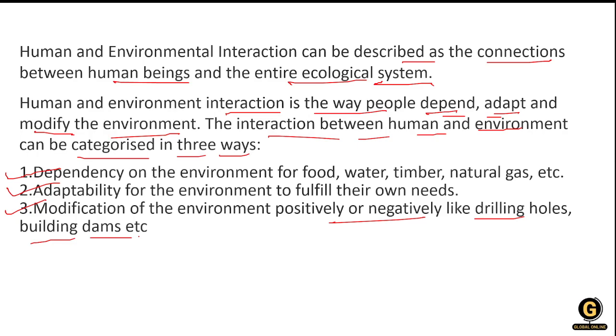In that process we are harming the environment, making a negative impact. That is called human and environmental interaction. Positive or negative, whatever it is, whether improving the environment or making a negative impact on it, both can happen. So that is human and environmental interaction. Clear? Understood, everyone?